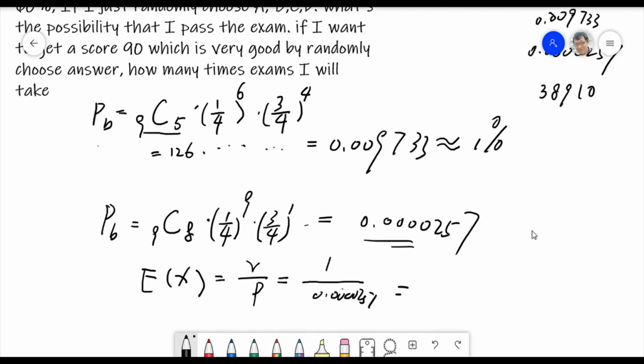You know the answer is very huge, right? So you have to take almost 39,000 exams in order to get one chance to have a score of 90.